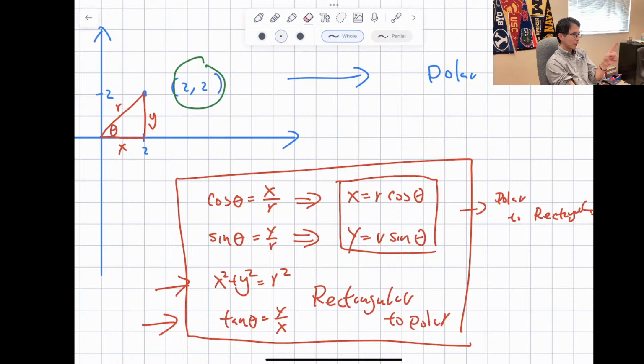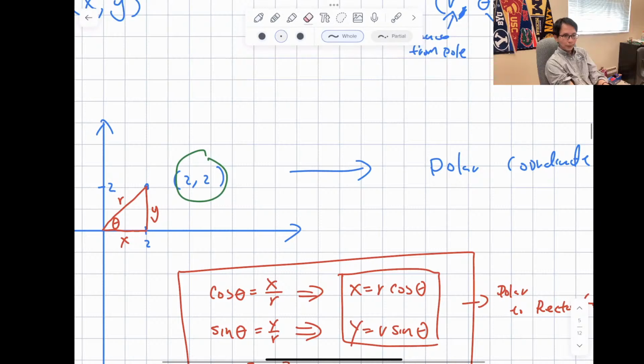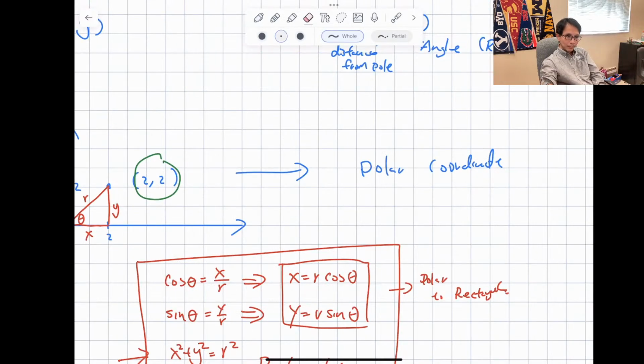Does that make sense? So if I have (2, 2), without a calculator, that's the x and y. With the x and y, the first thing I can find is r. How do I find r? 2 squared plus 2 squared is equal to r squared.